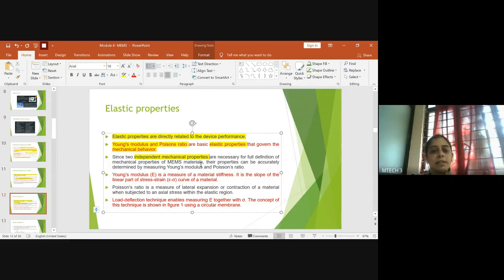Whenever they ask about the mechanical properties associated with elastic properties, you should tell which are the two independent mechanical properties: Young's modulus and the Poisson ratio. Based on these, you can tell the accurate properties you are giving for that particular device, right? This has to be cleared before one starts with any device. So in that aspect, you have to evaluate the value of Young's modulus.